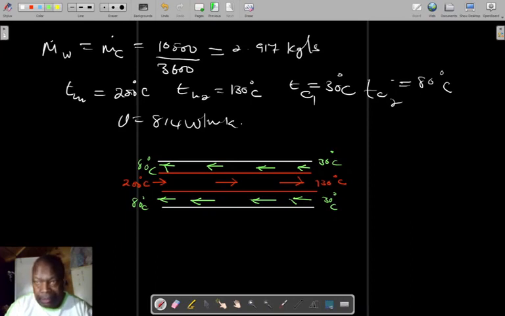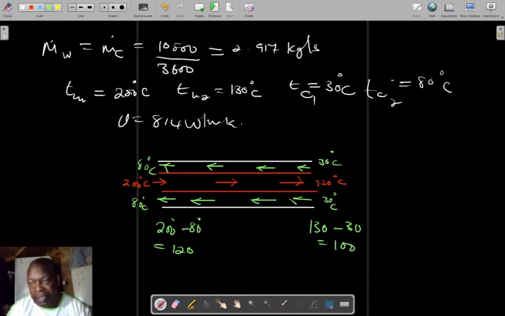So let us call this, okay, there, that is 200 degrees minus 80 degrees, which is 120, and compare it with this, which is 130 minus 30, which is equal to 100. So this one is less than that, so we can call this theta 2 and this as theta 1.